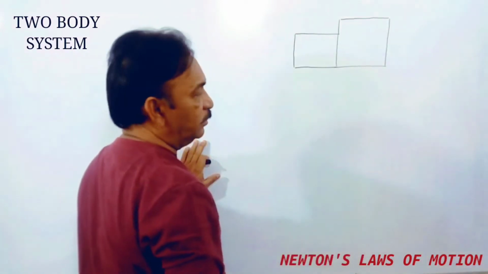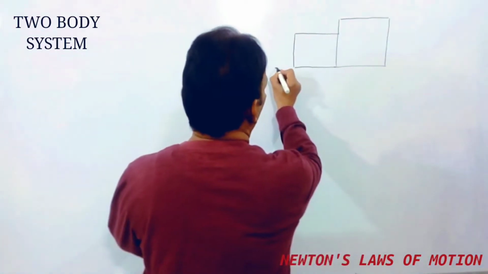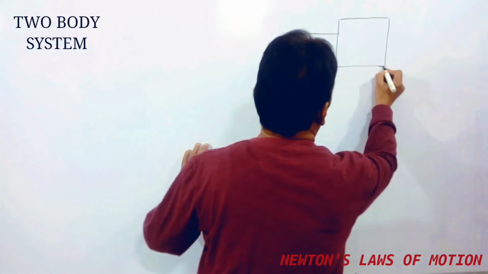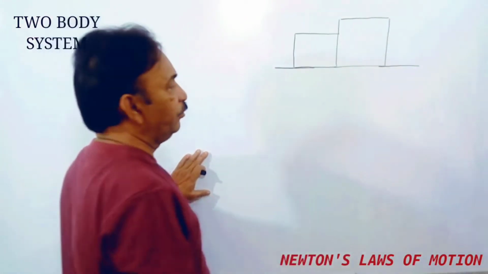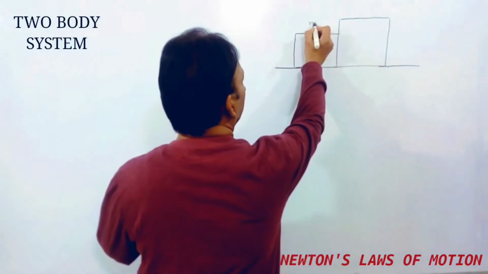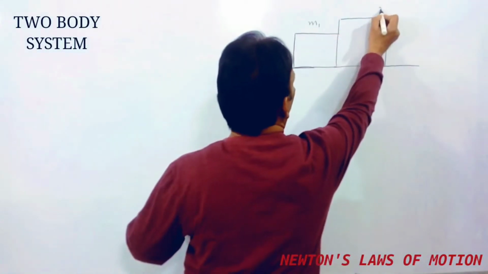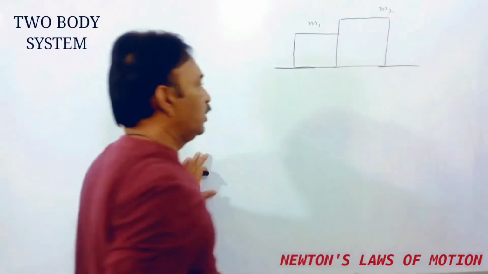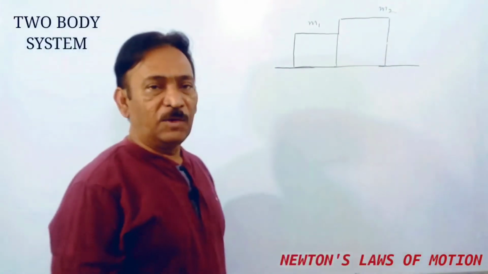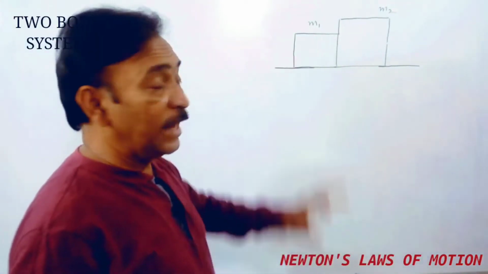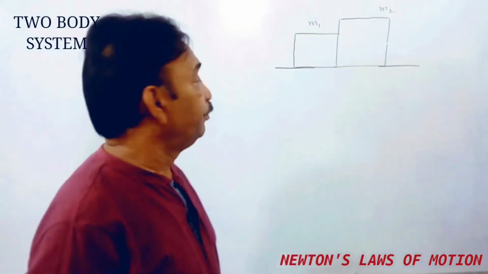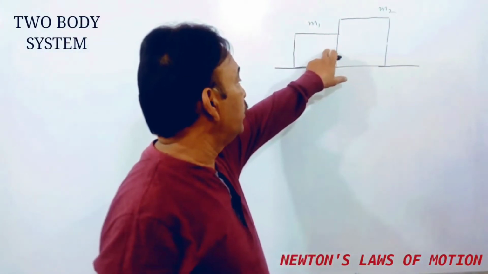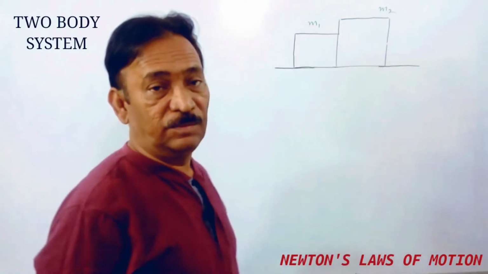These two bodies are kept in contact with each other on a smooth surface. It has a mass of m1 and the other has a mass of m2. Students, we have to find out the acceleration of the system when an external force acts on it, as well as the contact force in between the two surfaces.